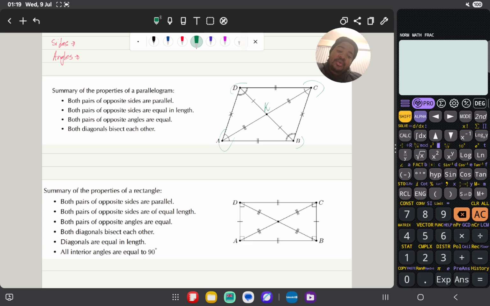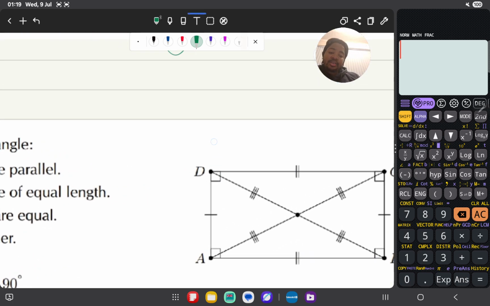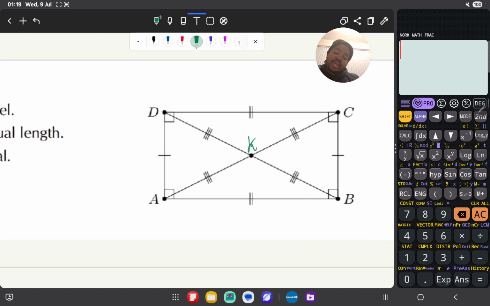And then our diagonals bisect each other, right? Since our diagonals bisect each other, if I put another K here, we have the same thing where AK equals CK and BK equals KD, right?